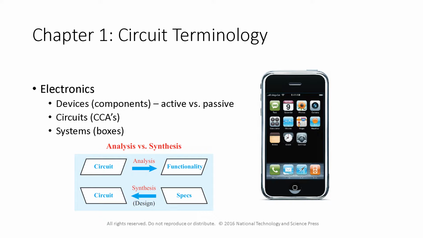So a circuit then, which we also in the mechanical engineering world call a CCA, or circuit card assembly, is a collection of different devices and components, a collection of different resistors and capacitors and other little components that you might have in order to do something. So an iPhone, for instance, has a circuit to control the microphone. There's a circuit in there to control the screen.